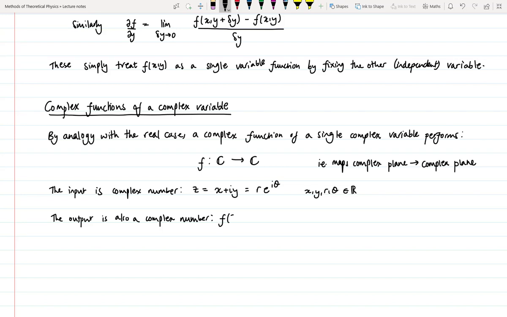So the function, which takes z as its argument, returns a number, and we separate that into real and imaginary parts as u plus i times v. And again, we can write this in modulus argument form, where we use capital letters to distinguish from the input. And in this case, also u, v, r, and theta are real, and in fact they are real functions of the complex inputs.